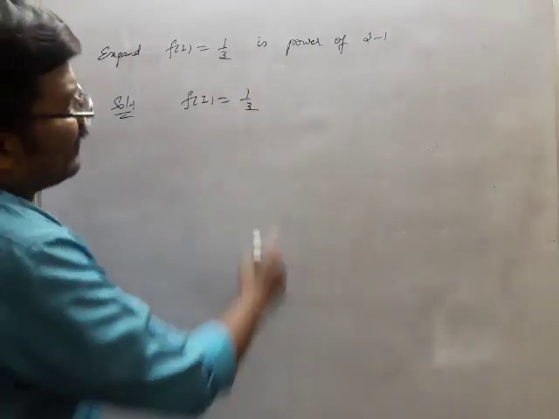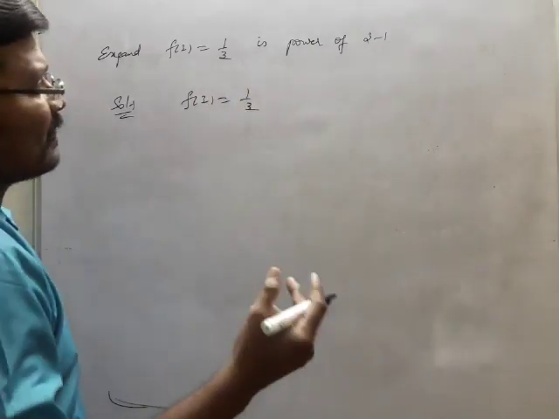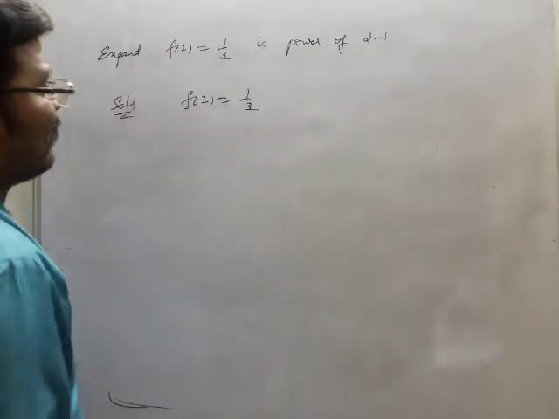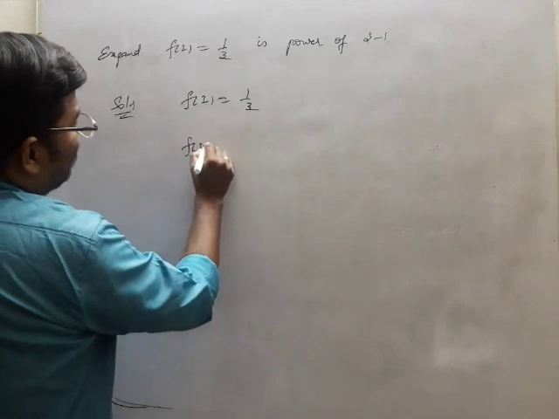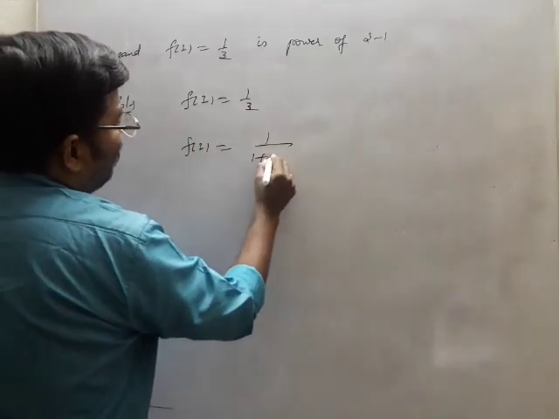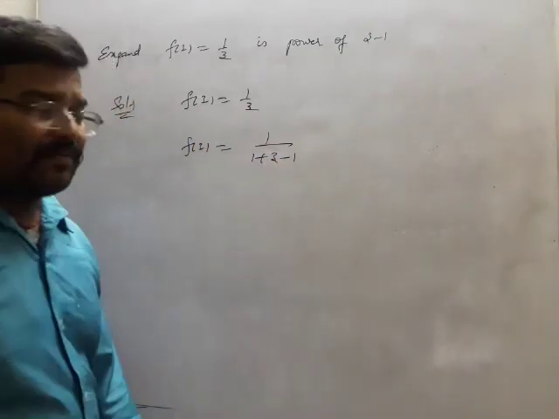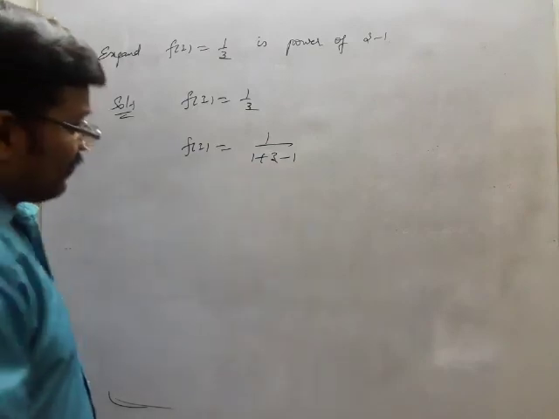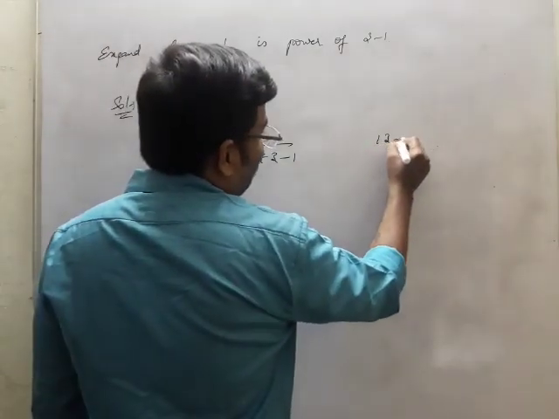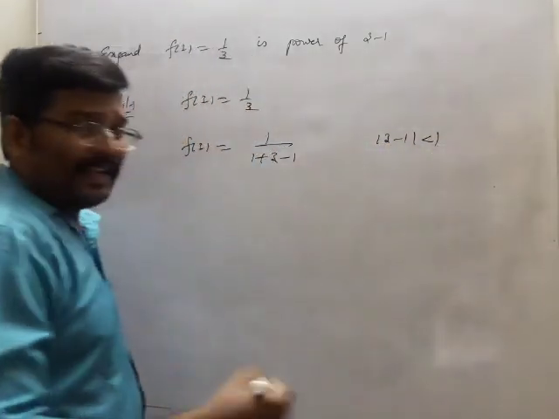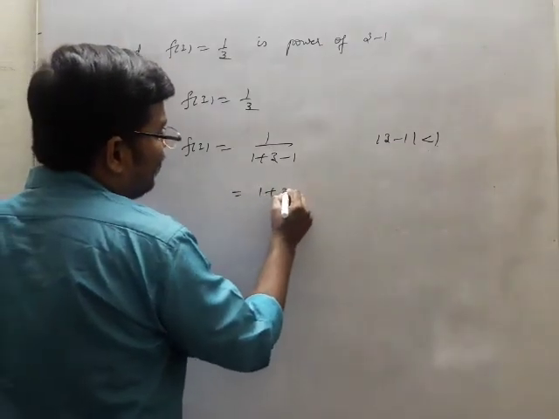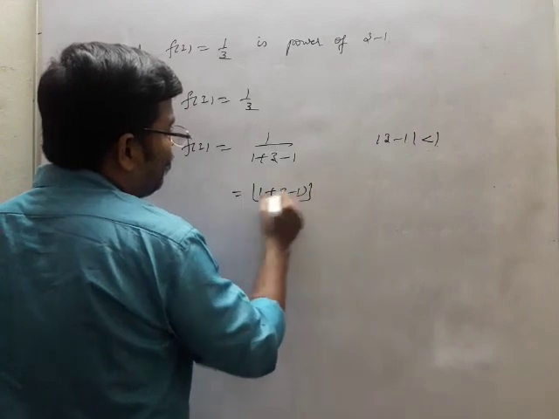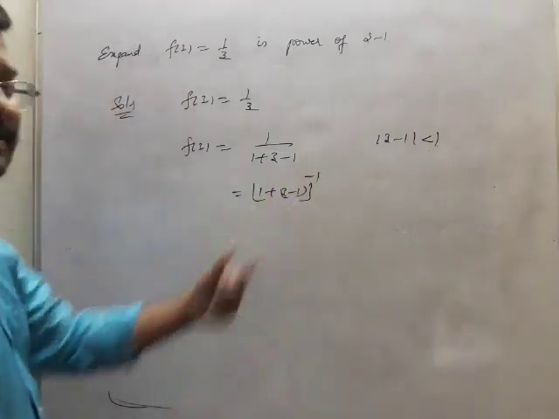We have to expand this in powers of z minus 1. I may add and subtract 1 in the denominator, so that I may write mod z minus 1 is less than 1. Then only I can expand it, otherwise I cannot. So this can be written as 1 plus (z minus 1) whole power minus 1. This is what we got.